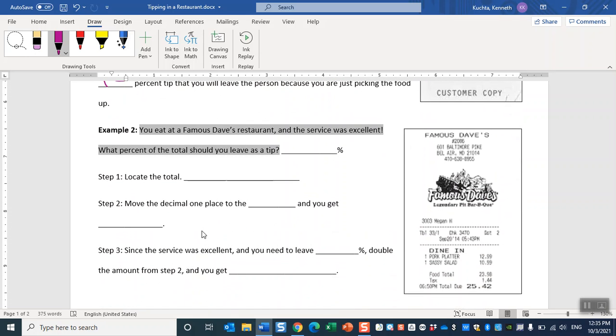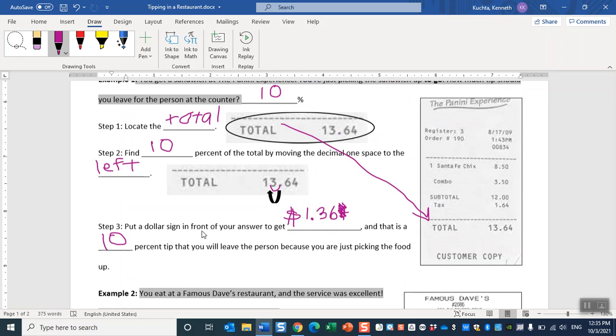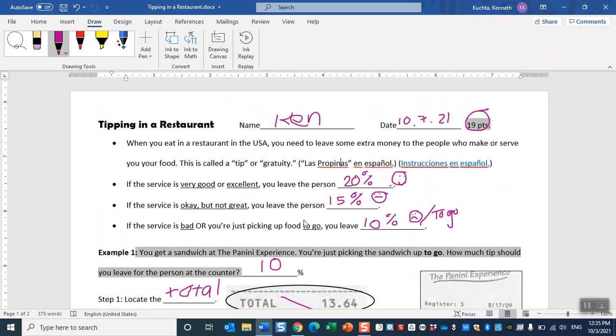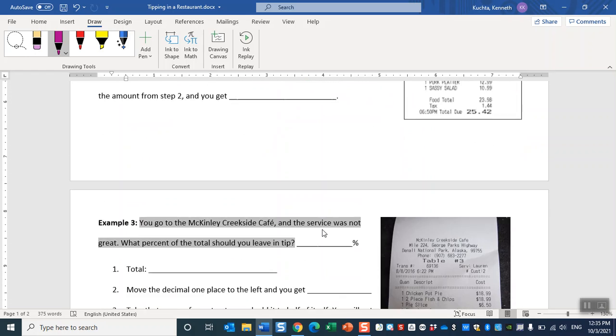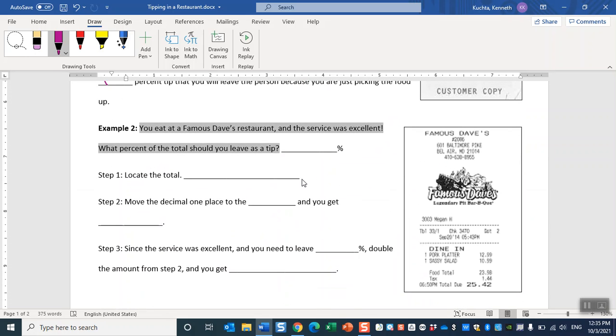You eat at Famous Dave's restaurant and the service was excellent. What percent of the total should you leave as tip? Are you going to leave 10, 15, or 20? I think it's 20%, right? So let's go ahead and fill that in. 20% for excellent service. All right. Locate the total. The total is usually at the bottom. Don't use the subtotal, only the total. And the total here is $25.42.